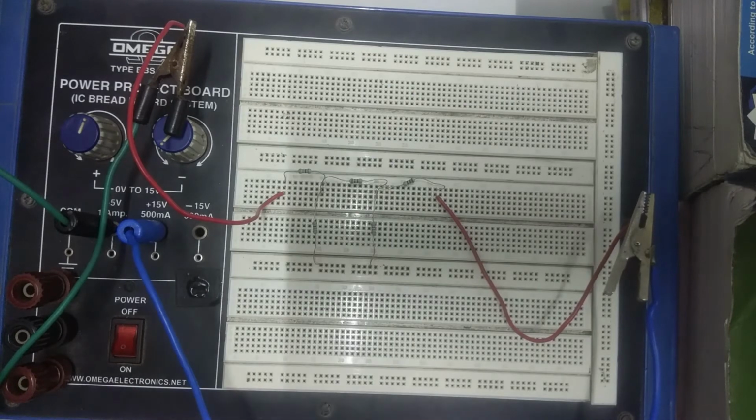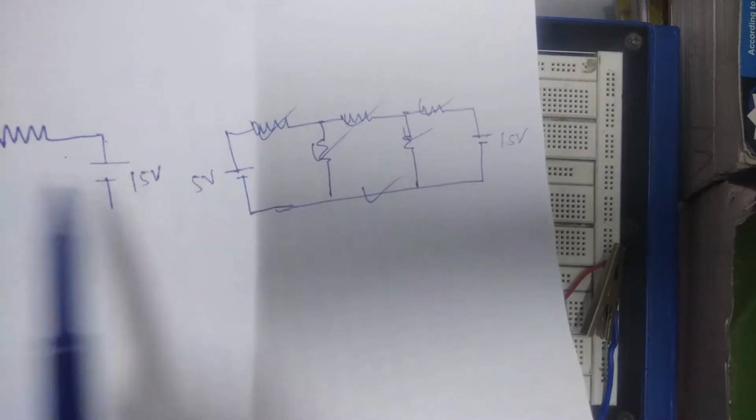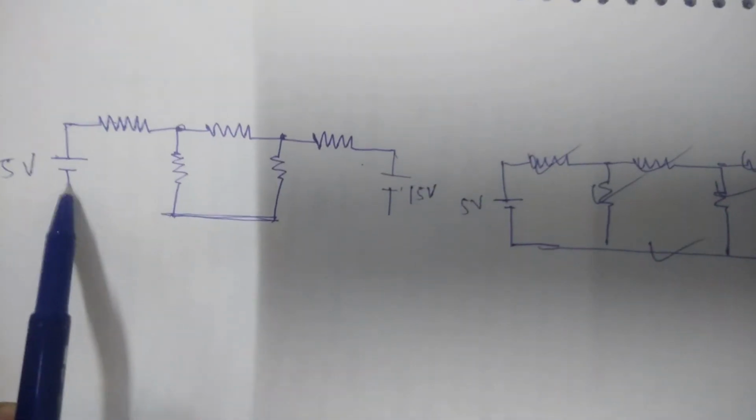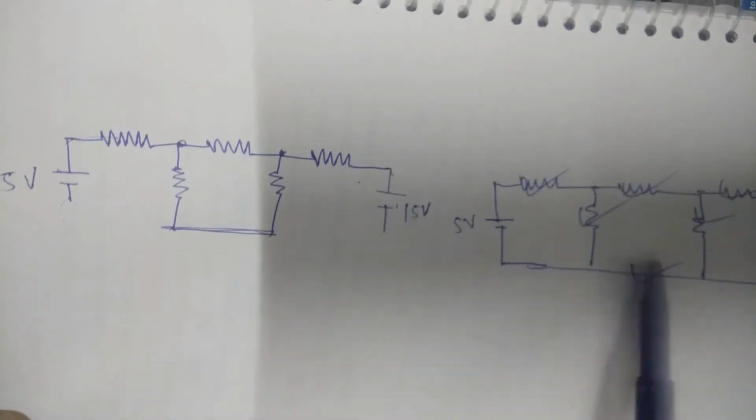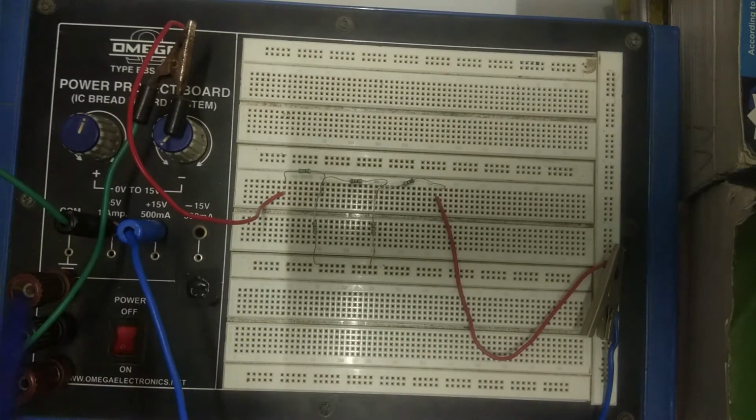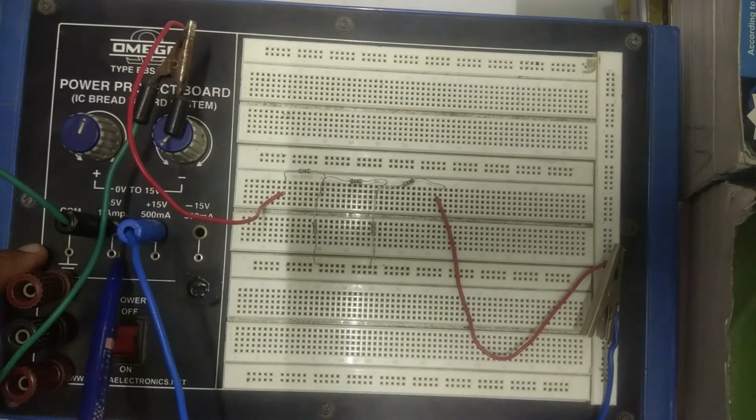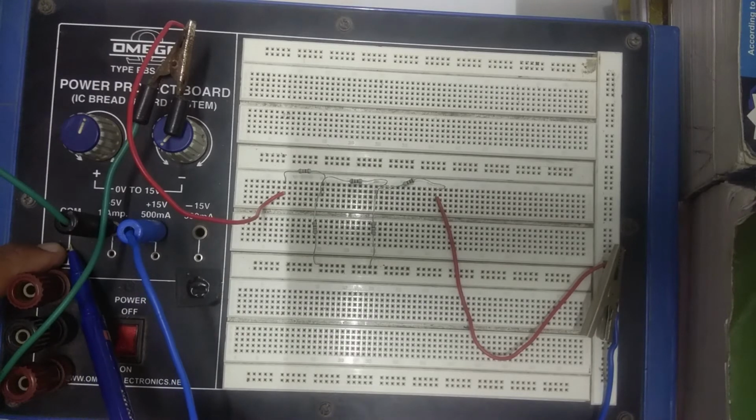Now I can again read this circuit. We have connected 5 volt and 15 volt. In your circuit you will have it in this fashion, but in the practical aspect you will have a 5 volt and a 15 volt source whose common point is actually one.